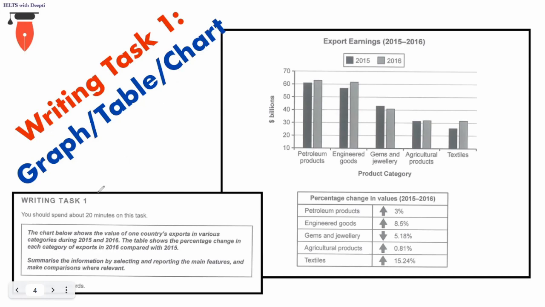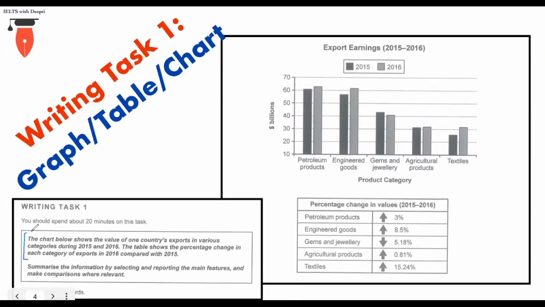Again, we see that this is about the graph, the bar graph, and the table that is given to you. And this is the question that asks you to summarize the information and make relevant comparisons. So basically, all the tasks would ask you to report main features and make comparisons. These are the keywords that you will find in all the questions.